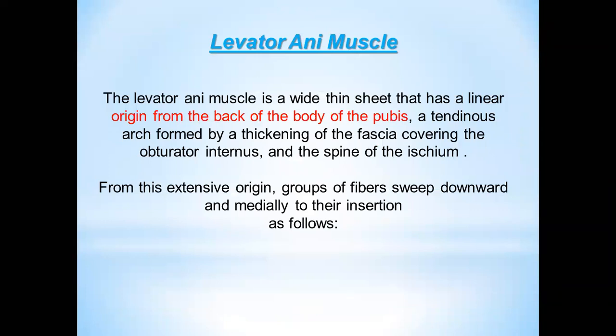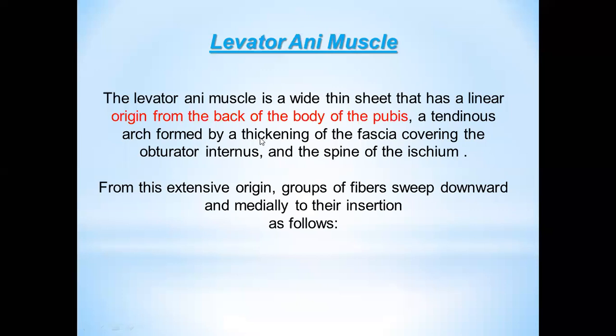Its tendinous arc forms a thickening of the fascia covering the obturator internus muscle and the spine of the ischium. So its origin is basically from the back of the body of the pubis.